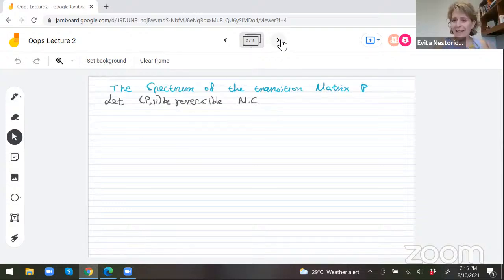Now, as I said, we can use the spectral theorem to decompose this. Let lambda 0, lambda 1, lambda 2, and so on, lambda n minus 1 be the eigenvalues, so we order them.